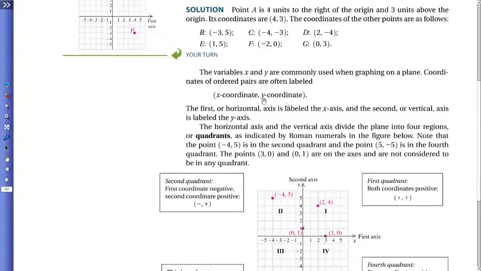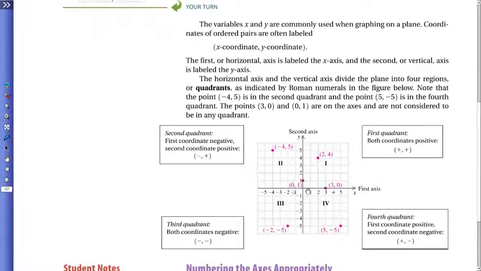So in this case the horizontal axis is x, so things on here would be the x coordinate. And they say this axis is y, so that vertical change is ticked off here on this vertical axis, right? So this coordinate would be associated with y.